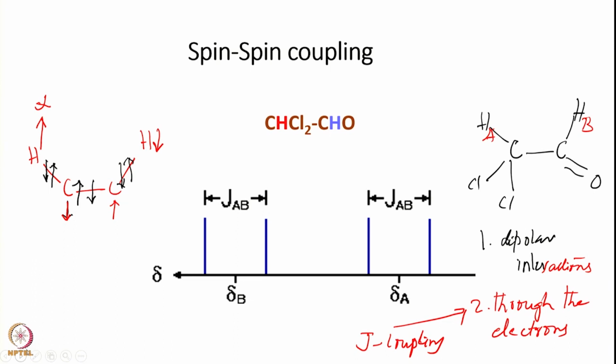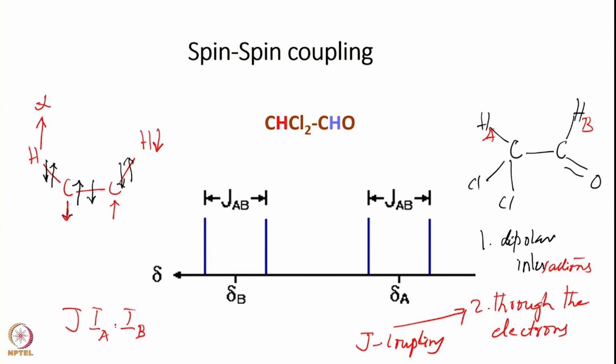Now, in terms of the interaction between these two, how do we describe this? We describe this interaction as J IA dot IB. Now, if they are opposite to each other, this interaction will produce a negative number, right.